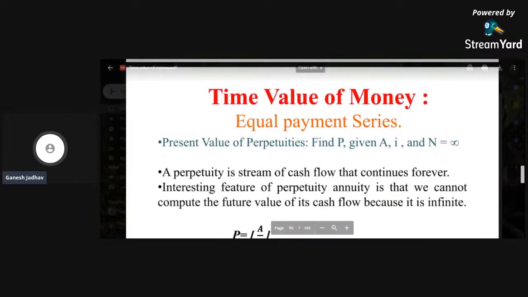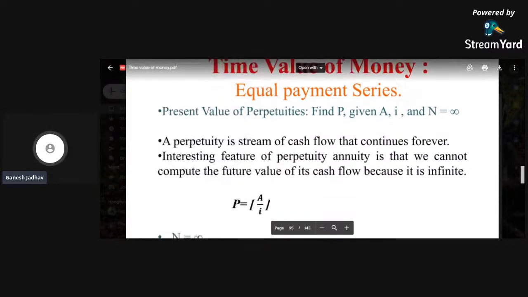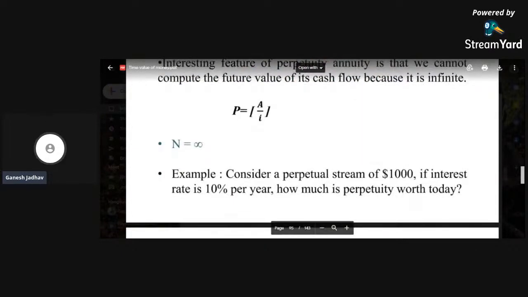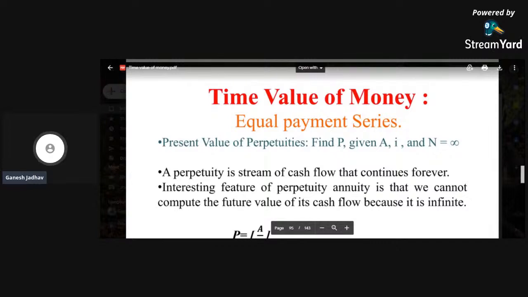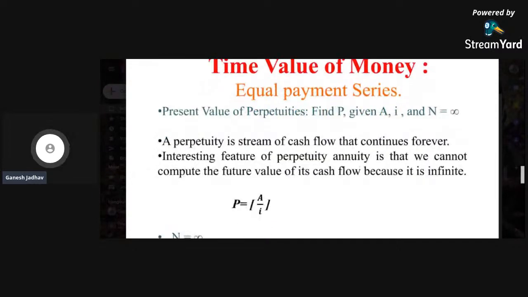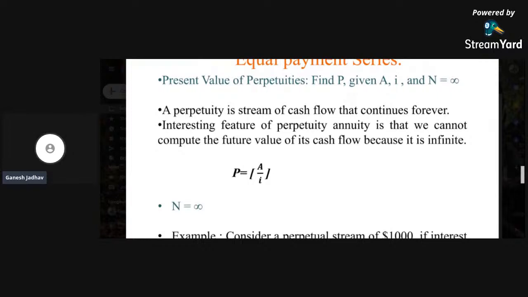Then the last one is the present value of perpetuities. So find the P given A, I, and n is equal to infinity. So you have to calculate the value of P. A perpetuity is a stream of cash flow that continues forever.